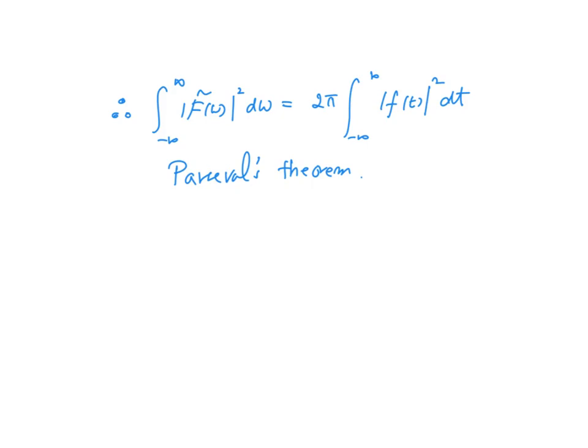So we can regard it this way. f(t) is a function in the time domain. Its Fourier transform is a function in the frequency domain. And the absolute square of a function corresponds to the energy. So the sum of energy in the time domain is the same as the sum of energy in the frequency domain.